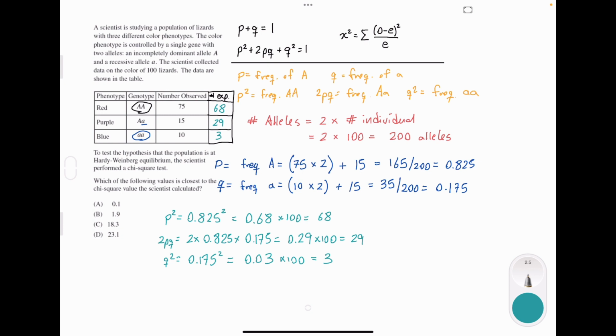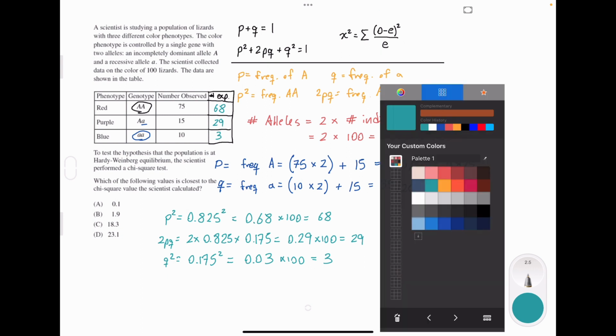Now we've reached the point where we have both an observed number and an expected number. This lets us now solve for our chi-square value using the chi-square equation. So let's walk through that last part now.